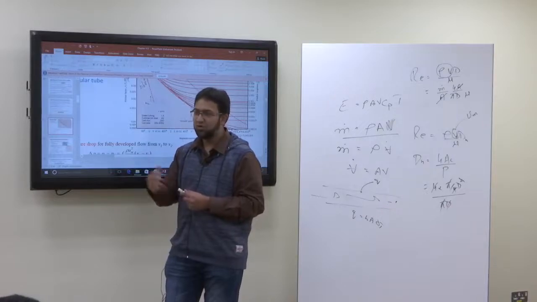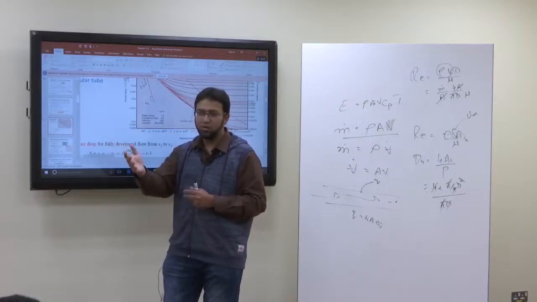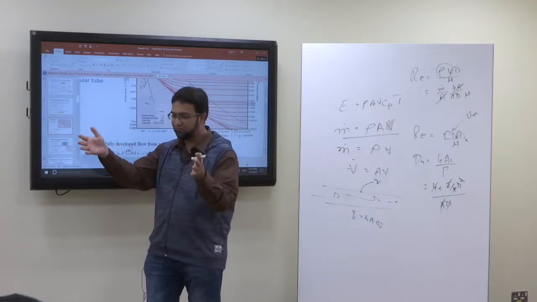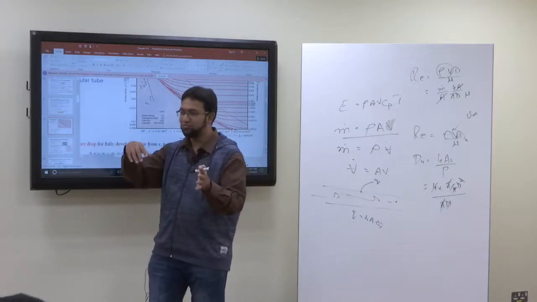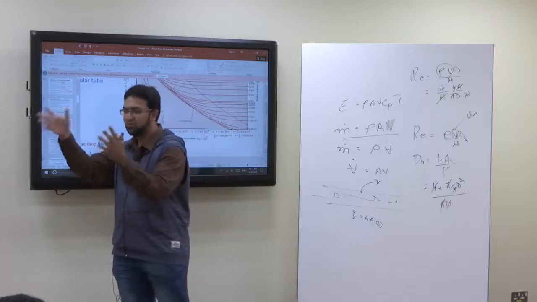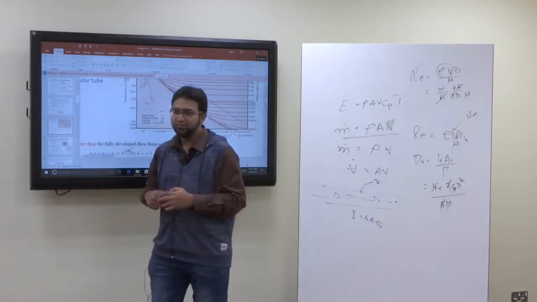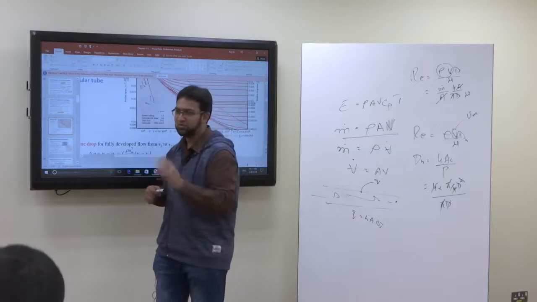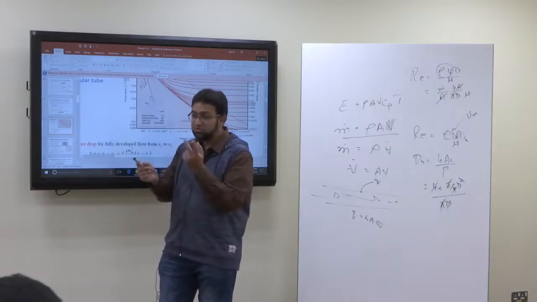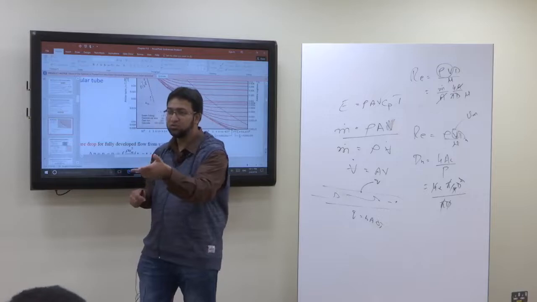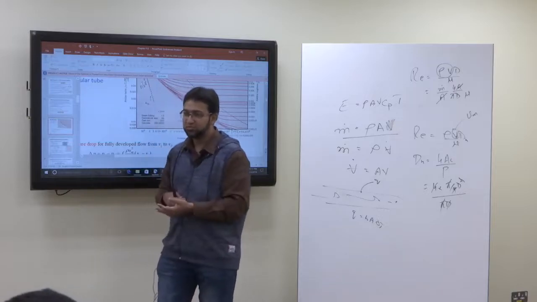You will ask, give me a heat exchanger of that size which can transfer, suppose, 50 watts of heat, and the pressure drop should not be more than this much. So these are the two parameters which you will use to buy a heat exchanger from the market.